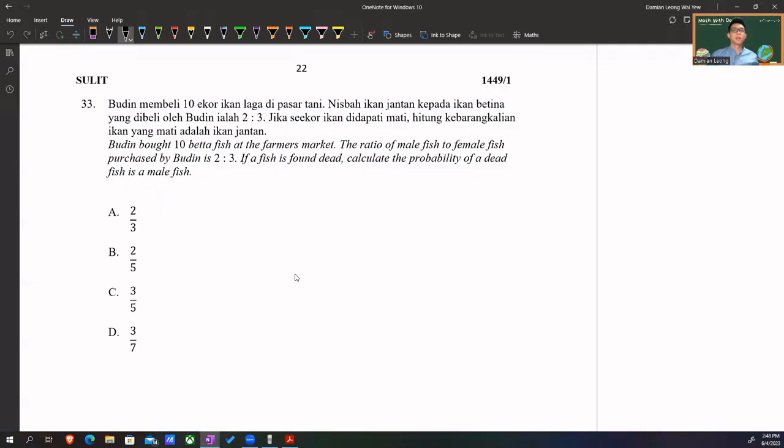So we count how many male fish there are first. The ratio is 2 to 3, means 2 out of 5 total ratio, 2 out of total ratio times total number of fish. So it would be 4.